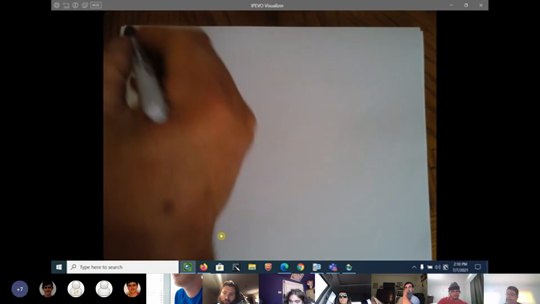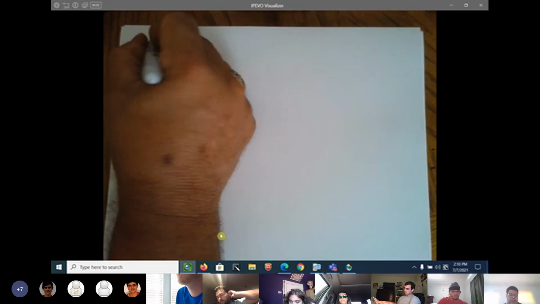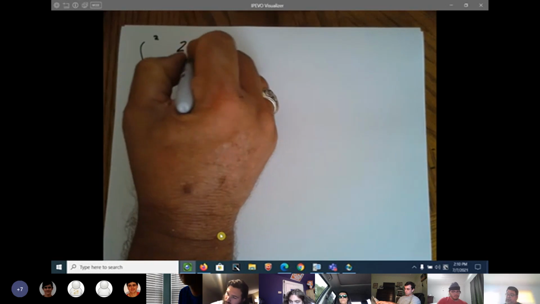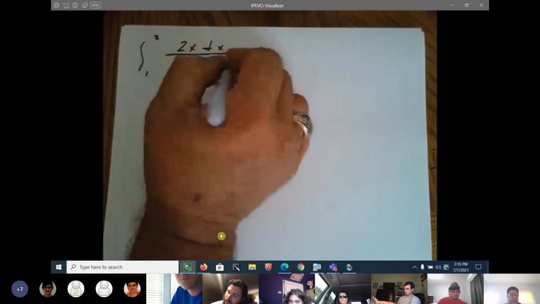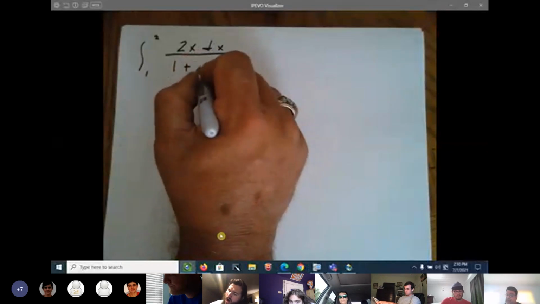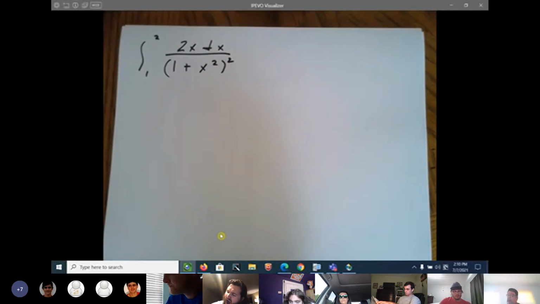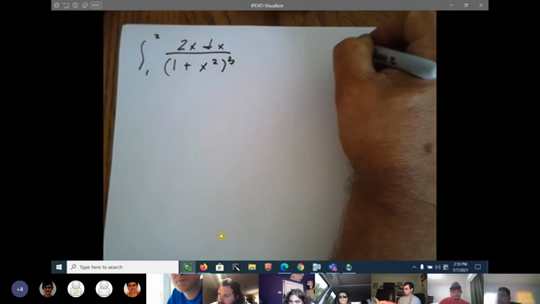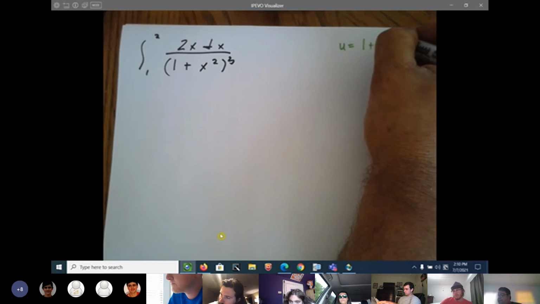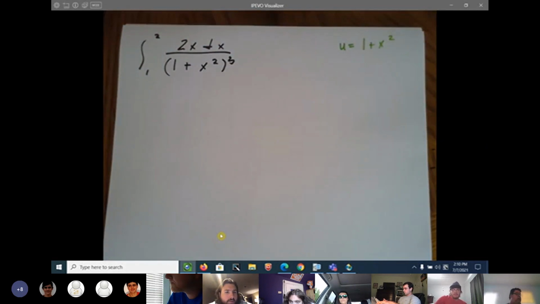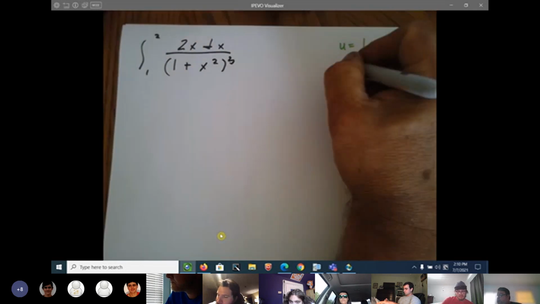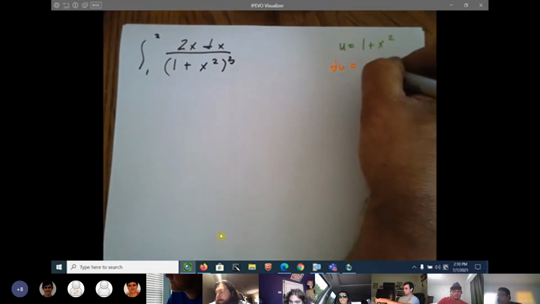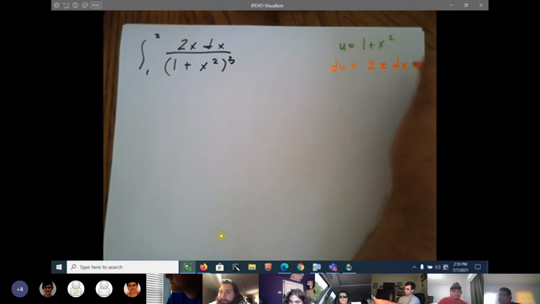So, antiderivative from 1 to 2 of 2x dx over 1 plus x squared to the third power, and u is going to be equal to 1 plus x squared, and du is going to be 2x dx.